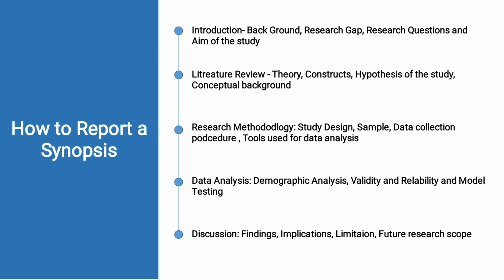Here you, as a scholar, write down what exactly the future researcher can do with your research. What scope you left for them, and how the future scholar can move forward with your research.